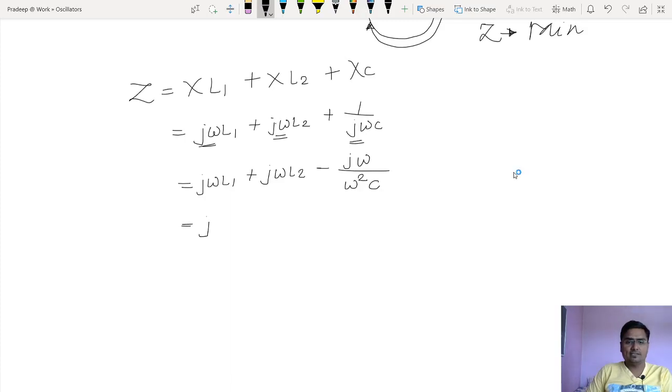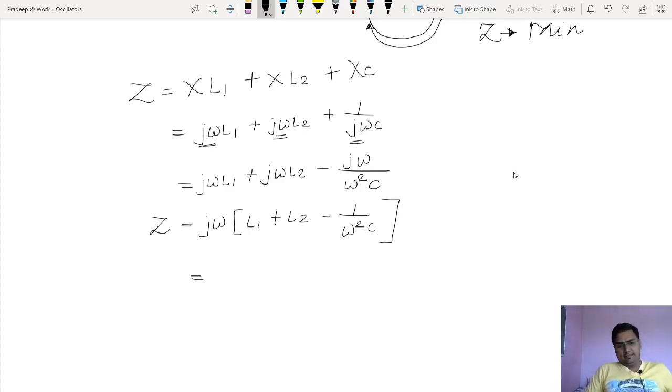So let me write it down: j omega times the bracket L1 plus L2 minus 1 divided by omega square C. Just check that is okay. This is what my Z is, but the twist is now here. This is the total impedance of a tank circuit.